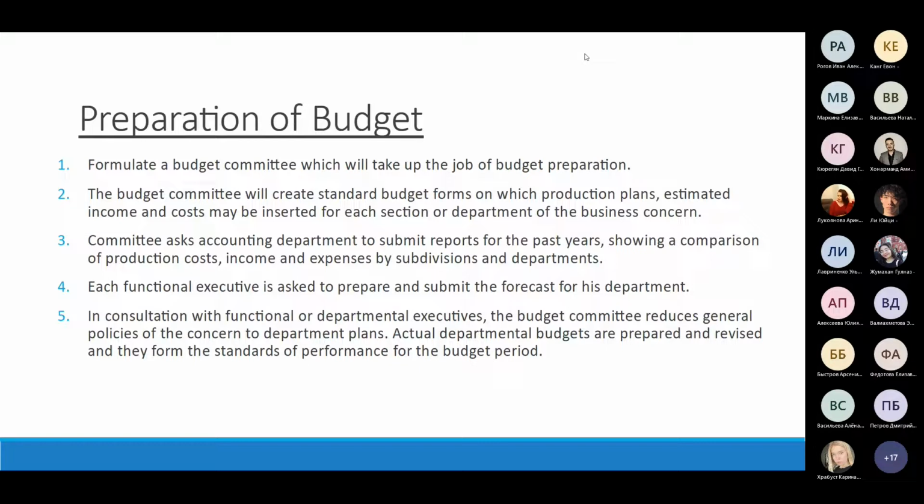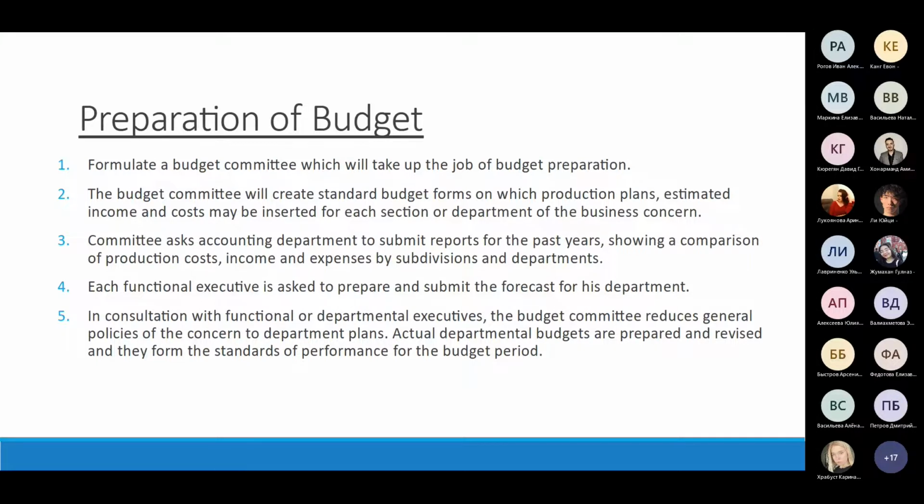First of all, we formulate a budget committee, which will take up the job of budget preparation. This budget committee will start the process of budgeting just before the year end. So actually they start preparing the budget just after the current budget was signed and taken into use.